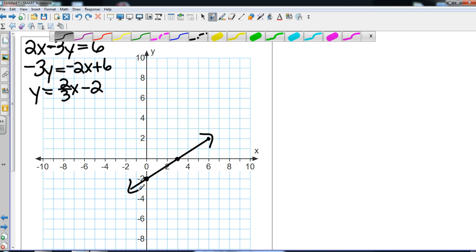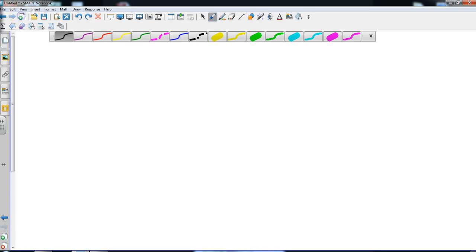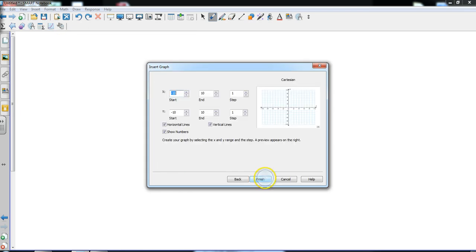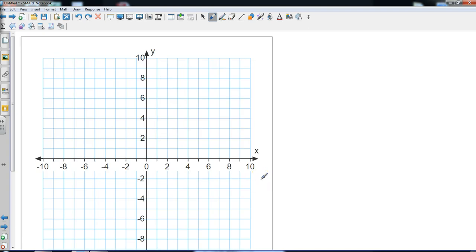And moving on to number 6. Y minus 3x equals negative 4. Only one step in this one.